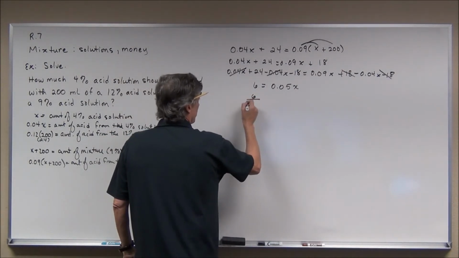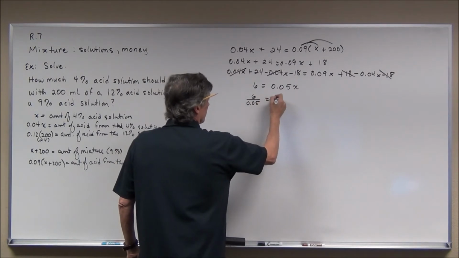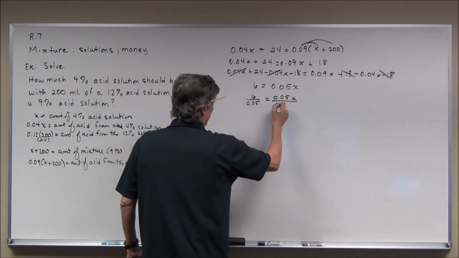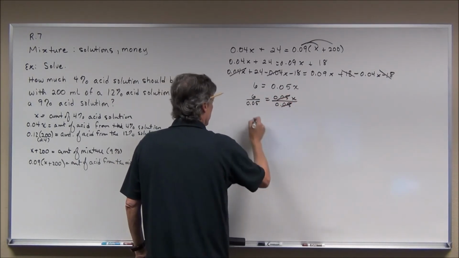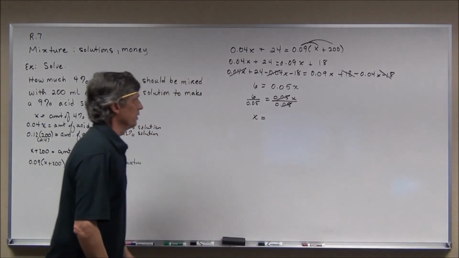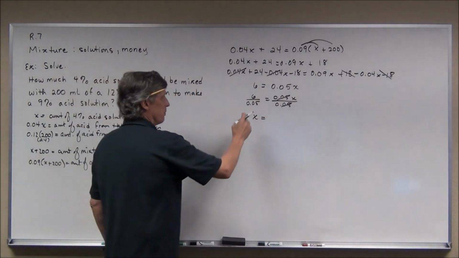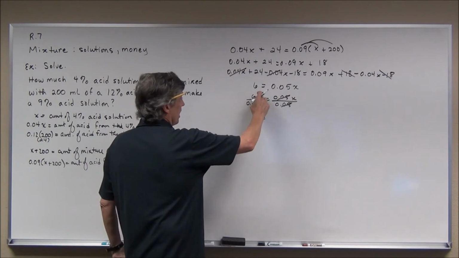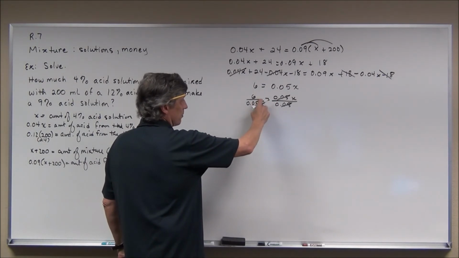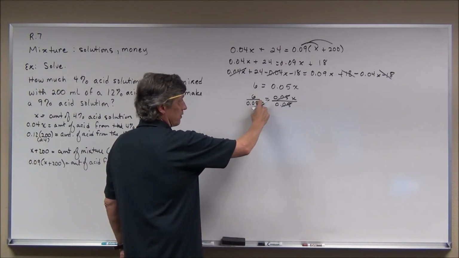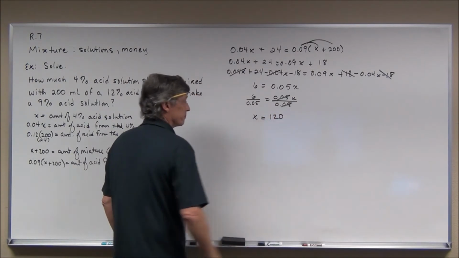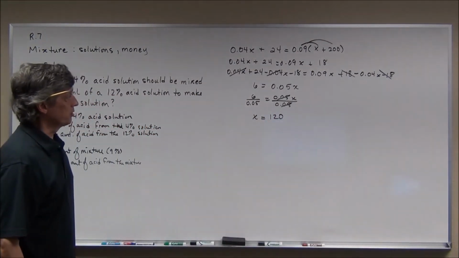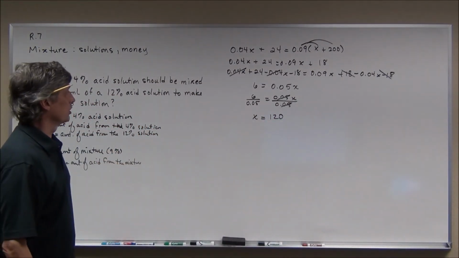So 6 divided by 0.05 equals 0.05x divided by 0.05. And I'll just flip the x over to the other side. And if this is messing you up, you can multiply top and bottom by 100. That would give you 600 divided by 5, or 120. So 6 divided by 0.05, check it with your calculator, is 120.